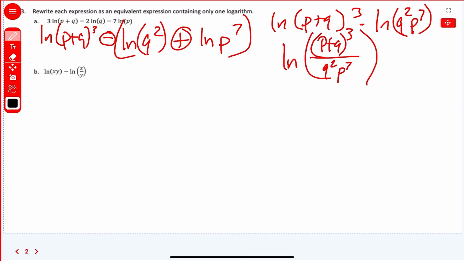Okay? Now let's do natural log xy minus natural log of x divided by y. So, like I said, just break this apart. We have ln x plus ln y. Because it's multiplied, we would break it apart, making it addition.